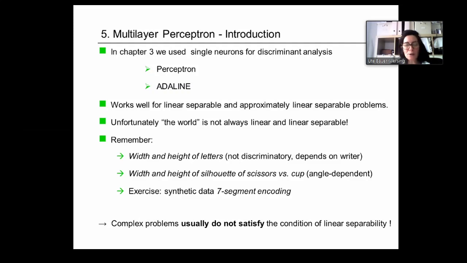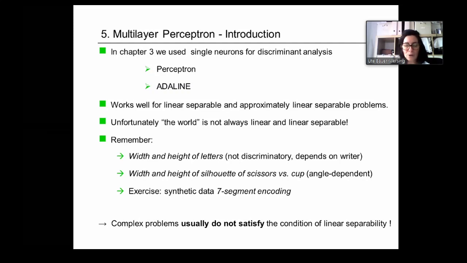We also saw these object classification tasks where we had the scissors and the cup. And basically, you can distinguish between scissors and cups, again, using the bounding box and trying to classify them according to the geometry of the bounding box. But the bounding box basically depends on the angle that you are looking at the different objects. So this is something that's probably not linearly separable.